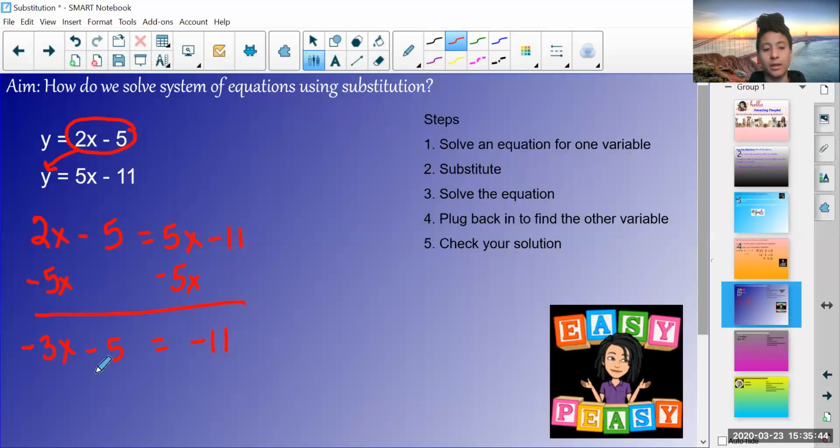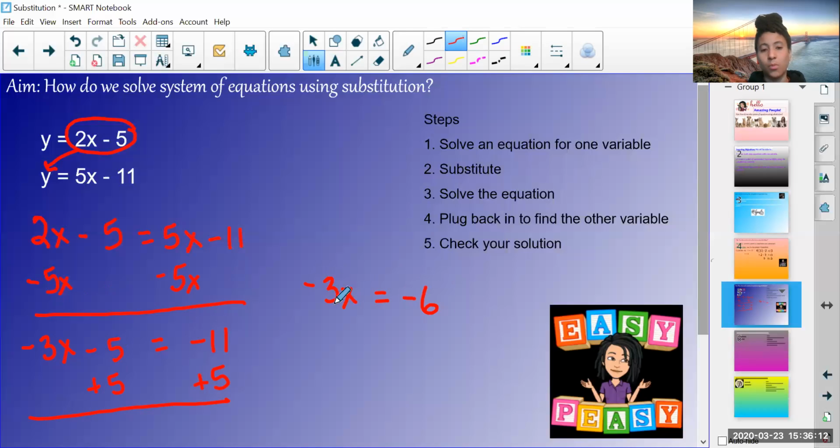Now I want to bring my negative 5 over to this side. So the inverse operation of negative 5 is to add 5. What I do to one side, I must do to the other. And I'm just going to write this answer over here, okay? So now we have negative 3x equal to negative 6.